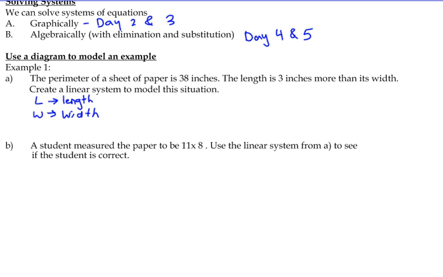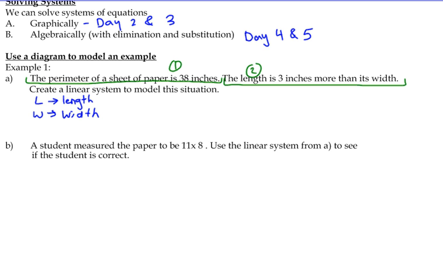When we make a system, we want two equations, and each equation has to have L and W in it. Most of the time, each sentence is its own equation. So I have one sentence and then two sentences, and they're each going to be their own equation with L and W. For the first sentence, the perimeter is 38 inches.